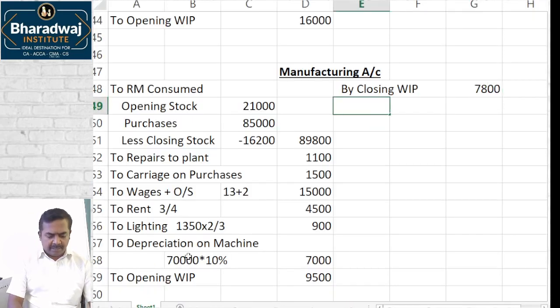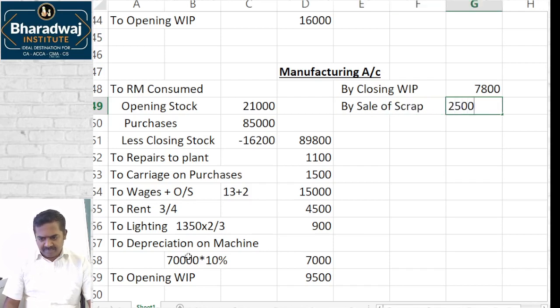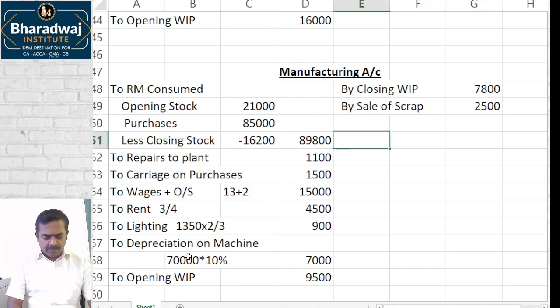By sale of scrap. By sale of byproduct. What is the sale of scrap? The balance will be transferred to trading account.